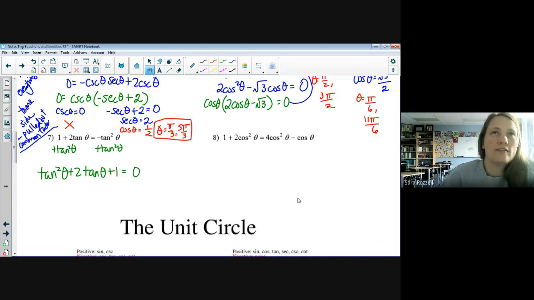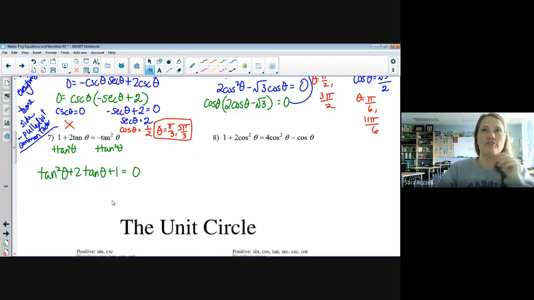Do they all have a common term? The first 2 have tangents, and the last one doesn't. So it looks like we have some commonalities, but we can't just pull tangent to the front because of this 1 here. Okay? Instead of tangents, right underneath this, I'm going to write this with x's. And then y'all will say, oh, you can factor that.